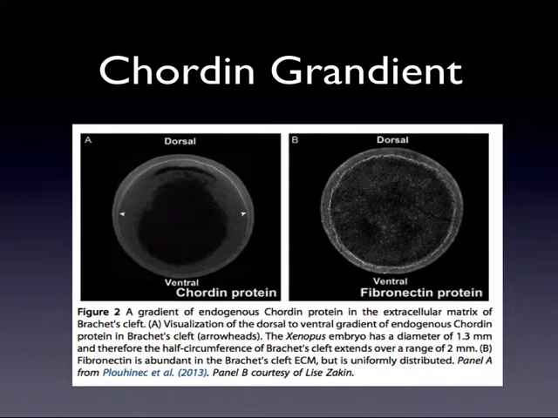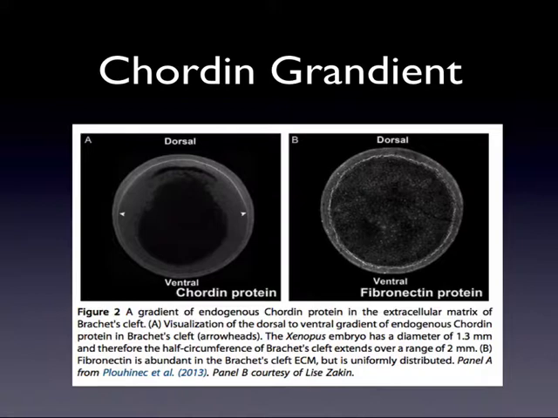Now on the right, you've got a similar setup, but here they're labeling fibronectin, which is ubiquitous. So in Brachet's cleft, you see fibronectin, and it circumnavigates that entire embryo. So that white line goes all the way around. And this is basically just showing you that there's a very big difference between the way fibronectin is secreted, which is one of those extracellular matrix molecules, and the way the chordin protein is secreted.